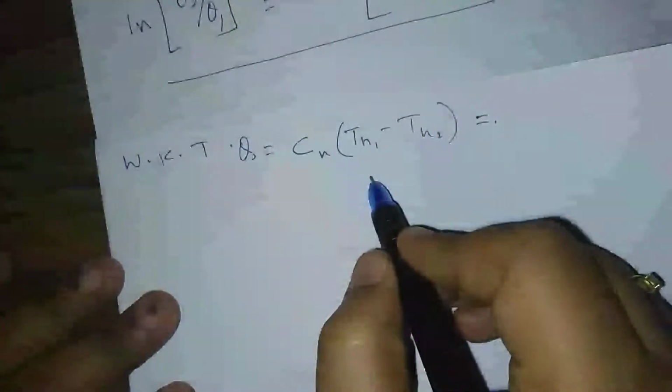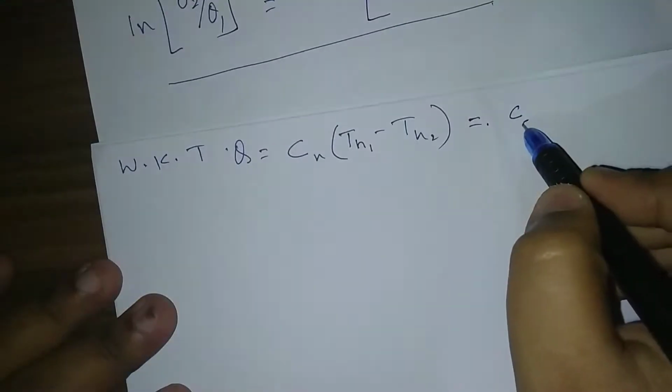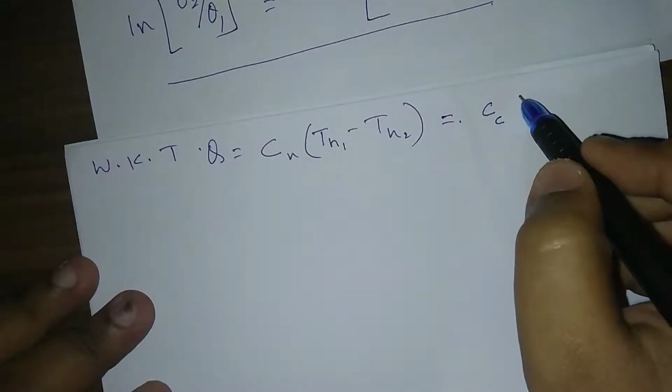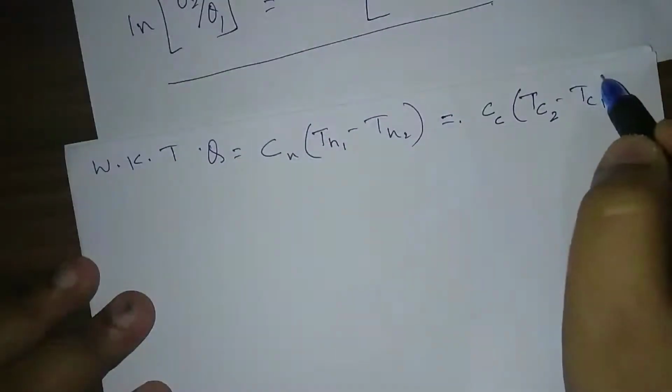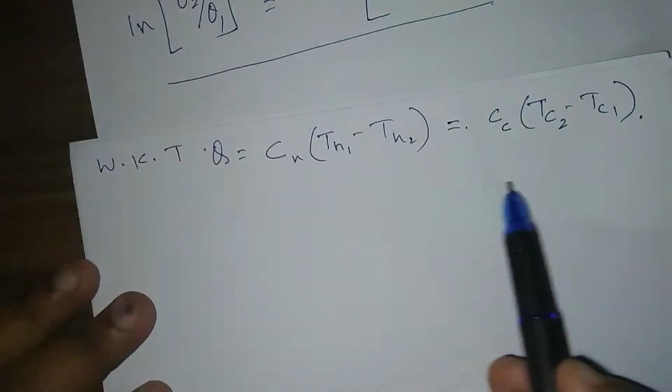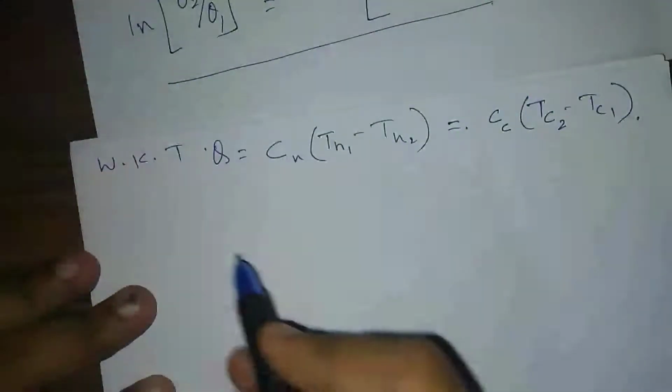So Q is equal to Ch into TH1 minus TH2, which is nothing but equal to Cc, again a capital C, times TC2 minus TC1, correct? Here I am writing 2 to 1 again from left-hand side to right-hand side.